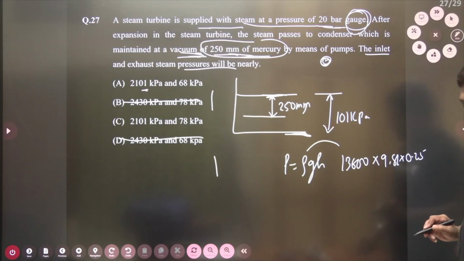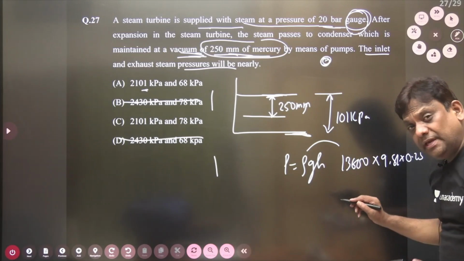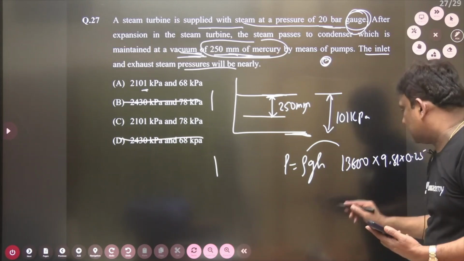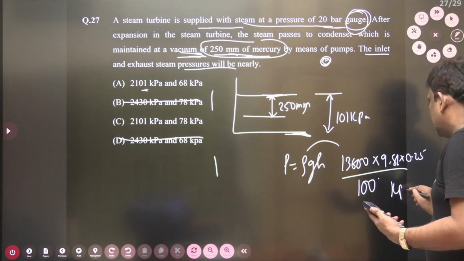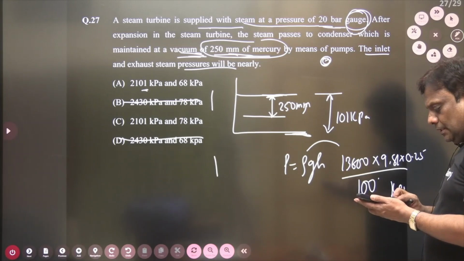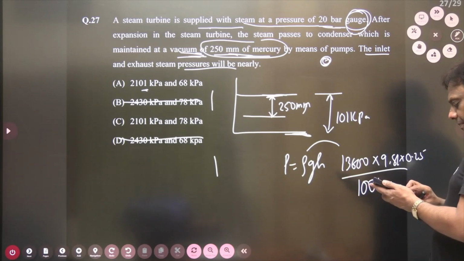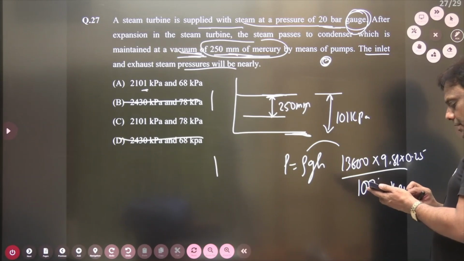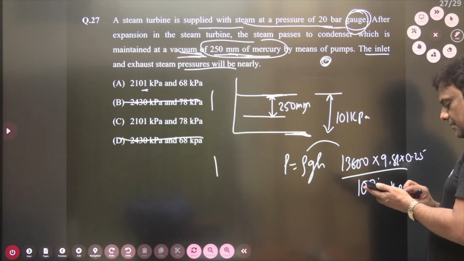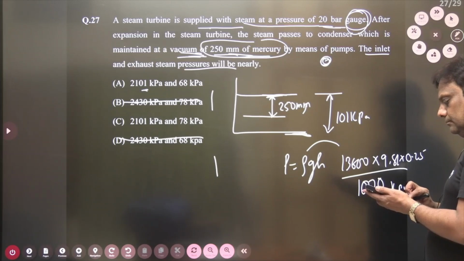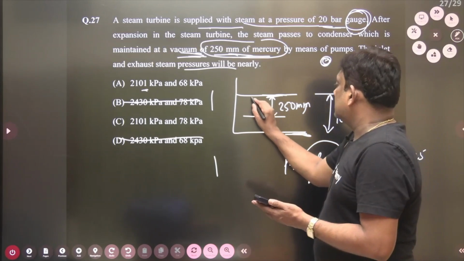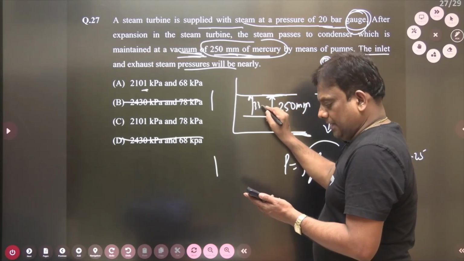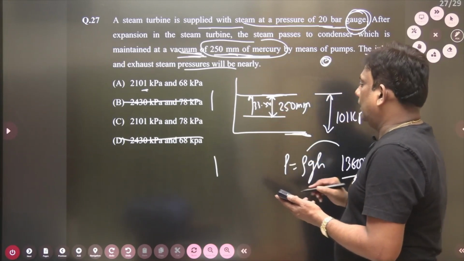This will give me Pascal, that is Newton per meter square. I am dividing by 1000, so you will get it in kilopascal. Let me try. 13,600 into 9.81 into 0.25 divided by 1000. So I'm getting this as 33.54 kilopascal.